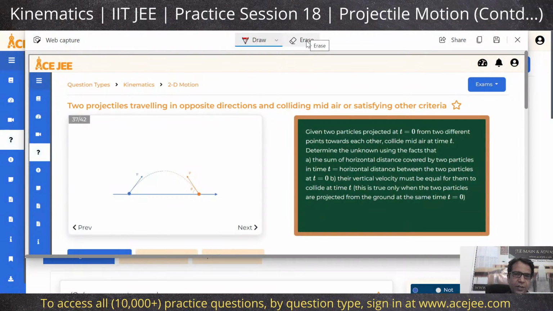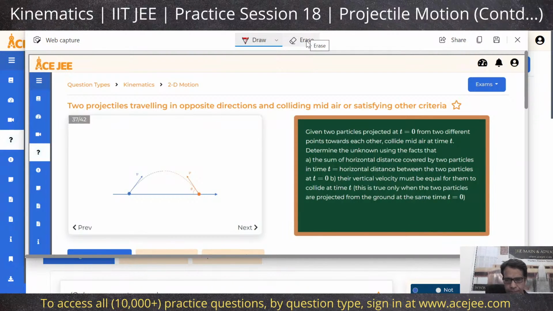That they have both covered the same vertical distance, or the vertical displacement is the same in the same time. So can I then say that the 2 velocity components are the same? Can I make that assertion?